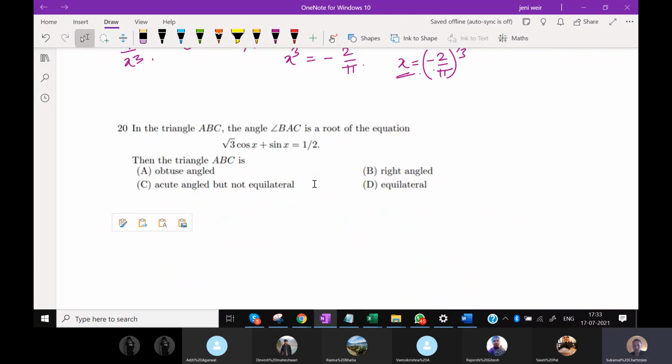In a triangle ABC, the angle BAC is a root of the equation root 3 cos x plus sin x equals half, right? And we have to find whether the triangle is obtuse angled, right angled, acute angled, or equilateral, right? So this is of the form a cos x plus b sin x, right?